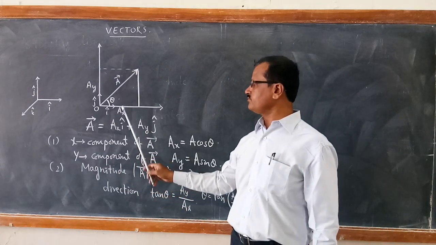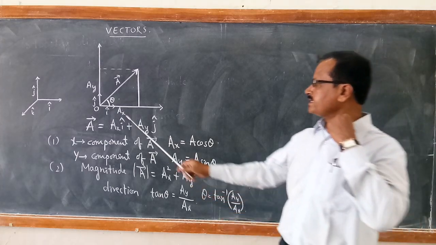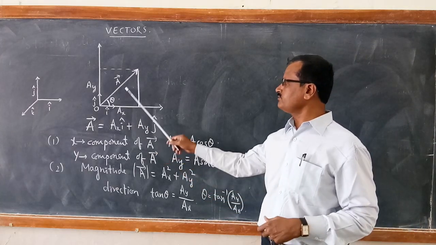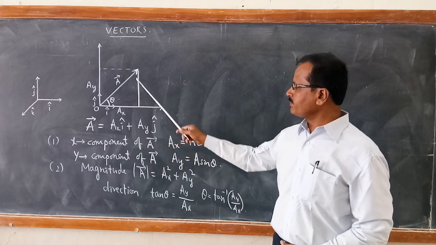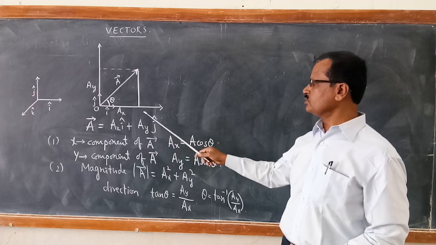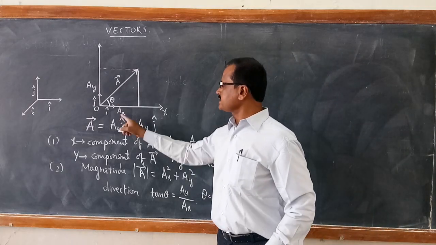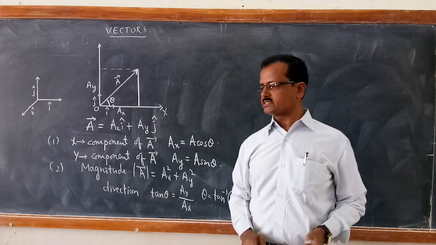X and y components of a vector are called rectangular components of the vector. Ax is the x component of vector A. By drawing a perpendicular from the head of vector A on the x-axis, we get the x component of vector A, given by Ax.